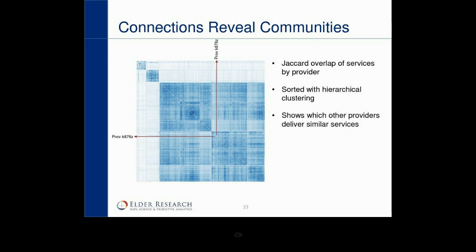And now when you display this, we see very interesting information. We see that there are 2 boxes in the upper left-hand corner, clearly distinctly different providers serving distinctly different populations. But in the remainder of it, you see another large box which has some subclusters in it.